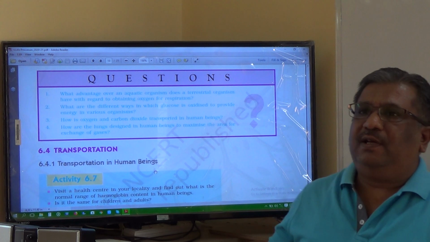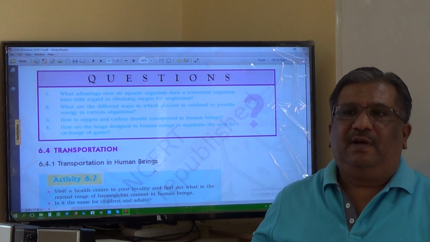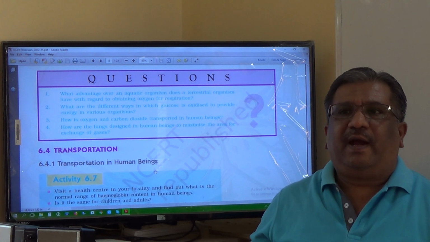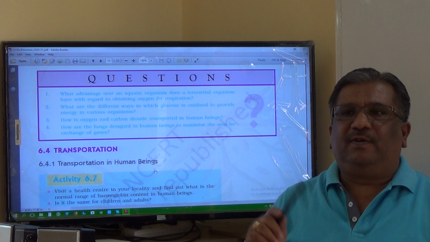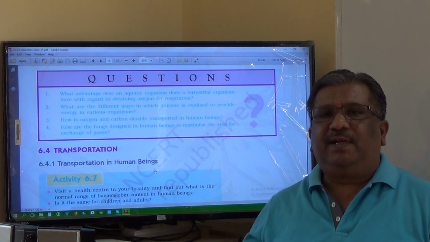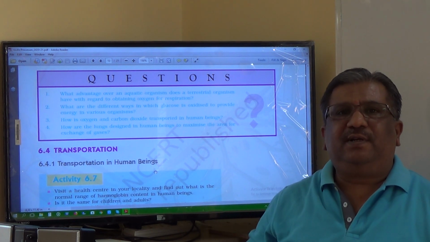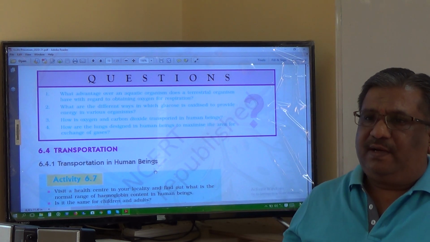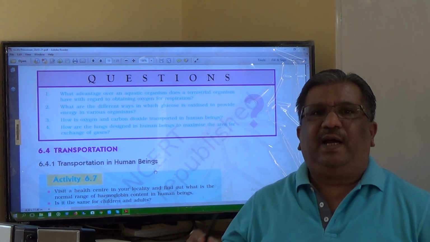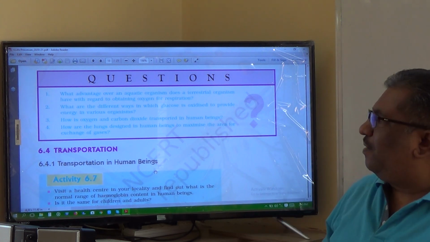But the solubility of oxygen is less in water, and aquatic animals have to depend upon only the dissolved oxygen. So aquatic animals are exposed to less quantity of oxygen. Compared with terrestrial organisms, terrestrial organisms can take oxygen directly from the atmosphere, and that too in huge quantity. So this is the advantage for terrestrial organisms.